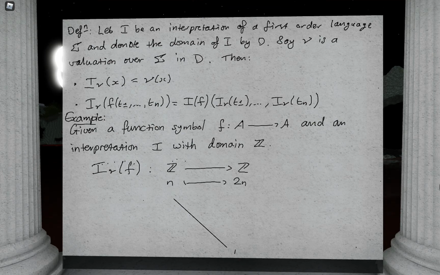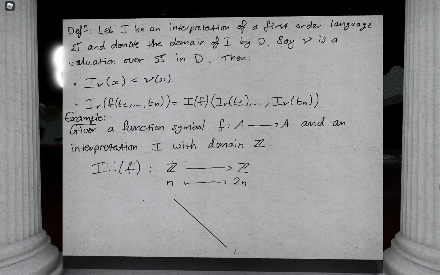There's no valuation in this, because you're interpreting what the function symbol is on the domain. But did you want an actual example of something fully interpreted? So I thought that you would want the interpretation of f applied to something.